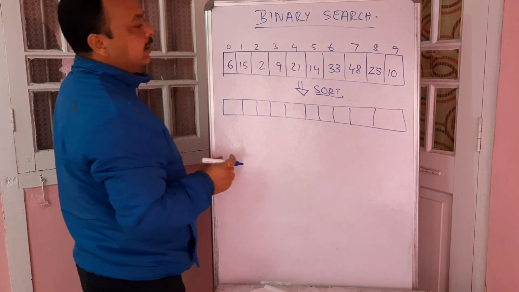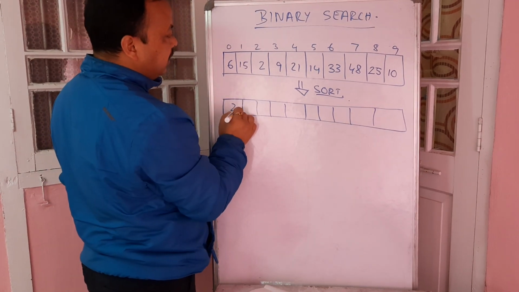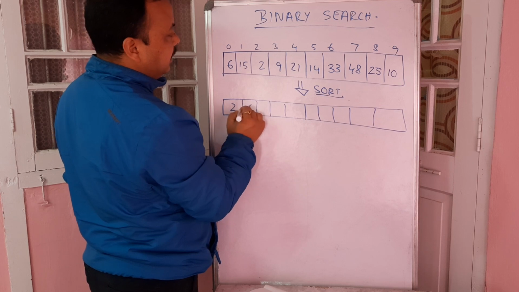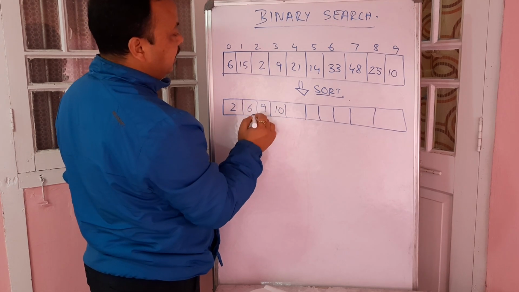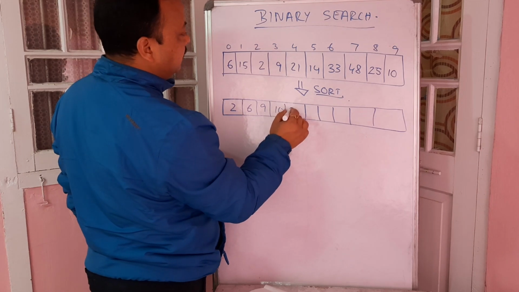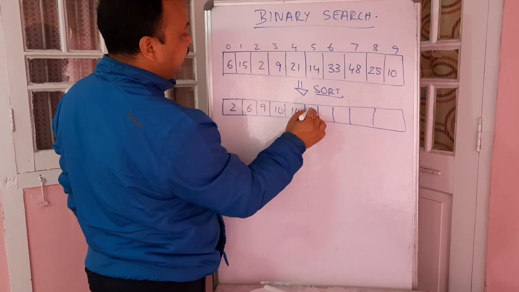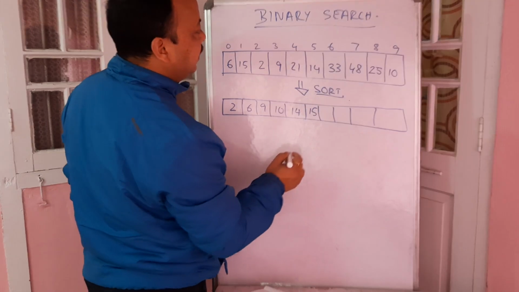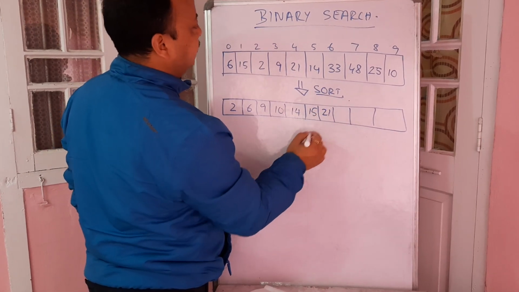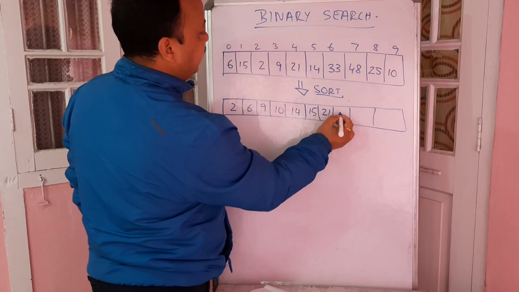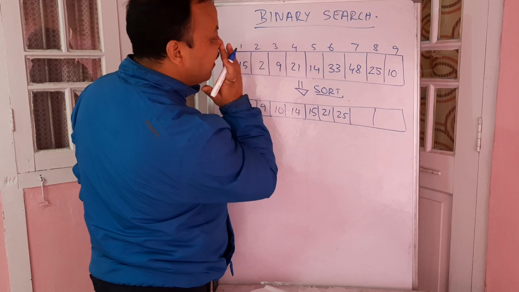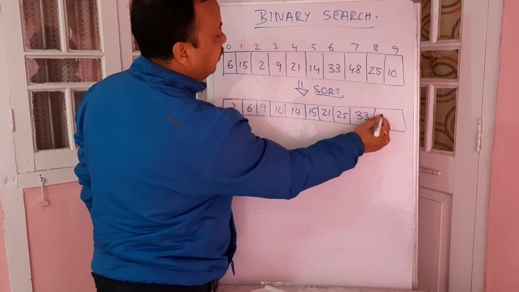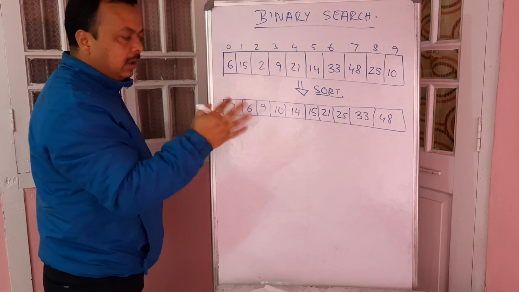So 2 comes first, then 6, then 9, then 10, then 14, then 15, after 15, 21, then 25, then 33 and 48. Now we have arranged them.